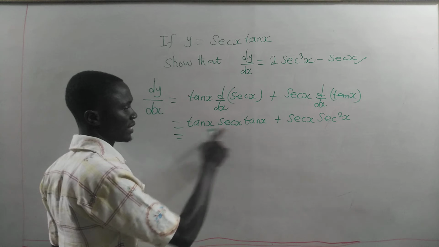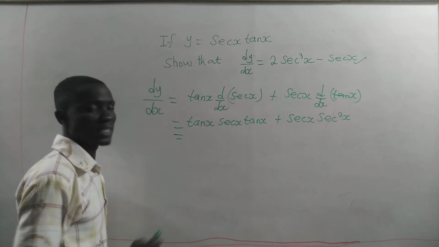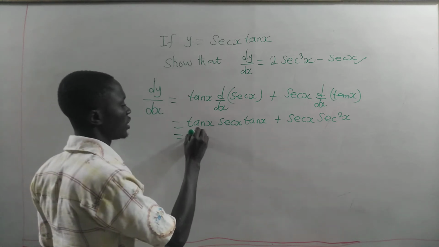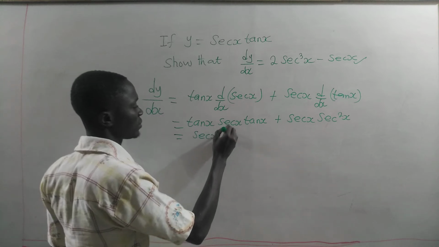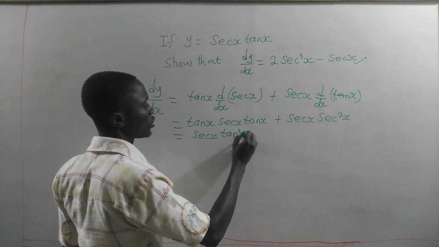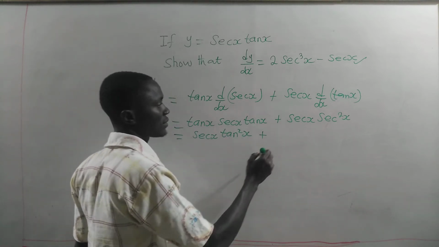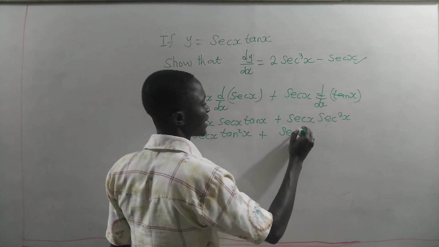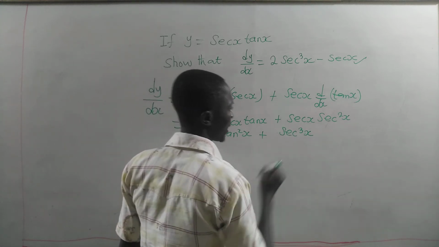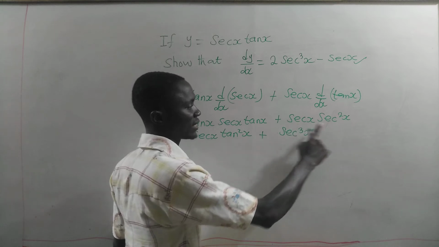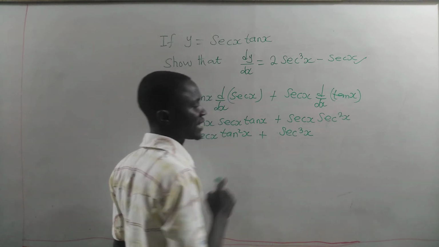Now, tangent of x and tangent of x will give us tangent squared of x. So here we have secant of x times tangent squared of x plus secant cube of x. That is, secant of x times secant squared of x will give us secant cube of x.